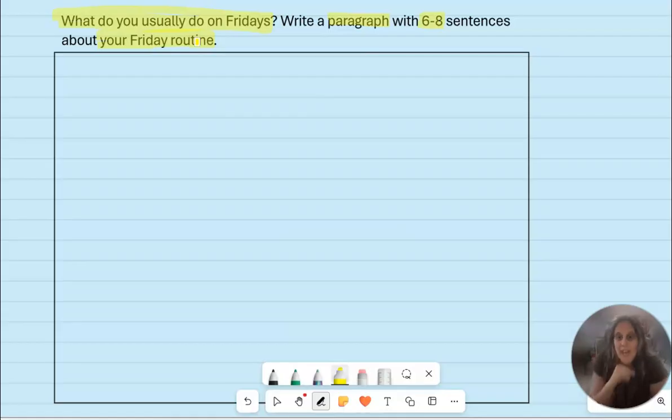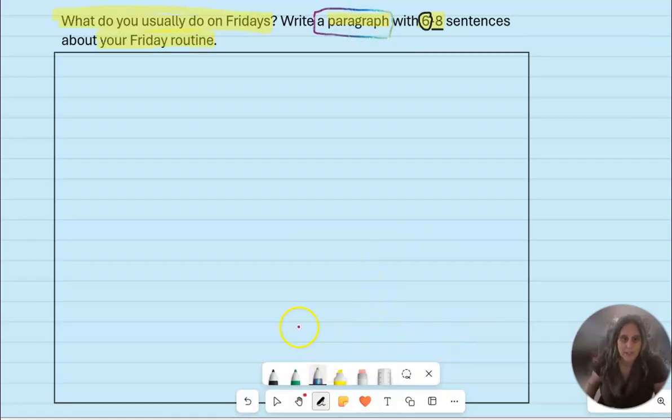And you need a minimum of 6 sentences to get a complete score. You can also write a little more, 7 or 8 sentences. But important, your writing is in a paragraph form, not a list of sentences.